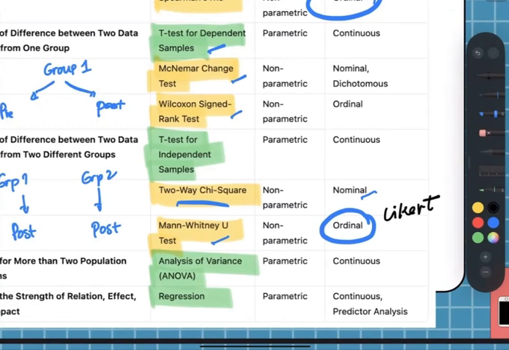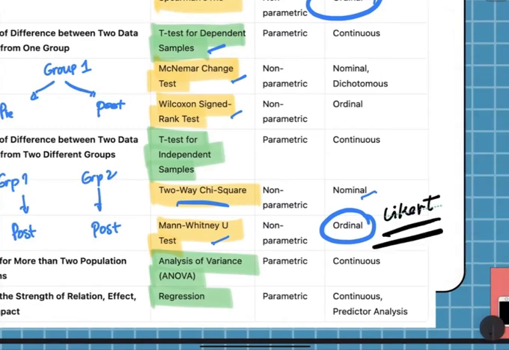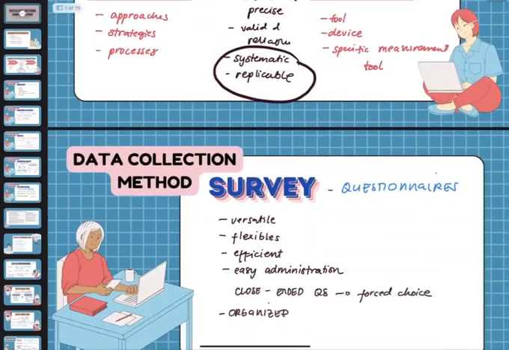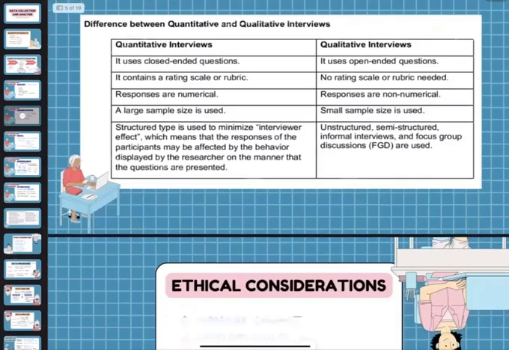So if you're using Likert scale and it meets the non-parametric requirements, then Mann-Whitney is usually utilized. But if we have more than two groups, then ANOVA here, and of course your multiple regression.